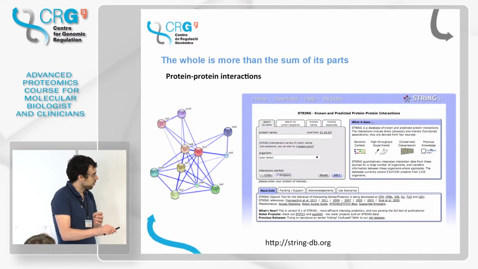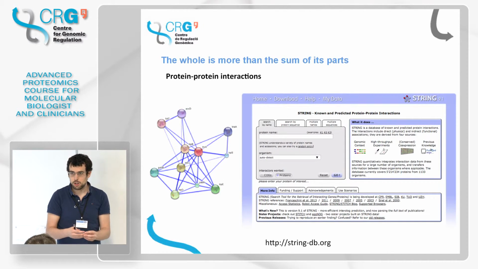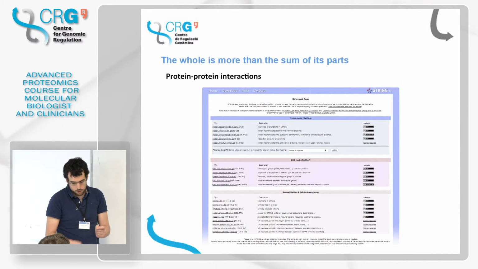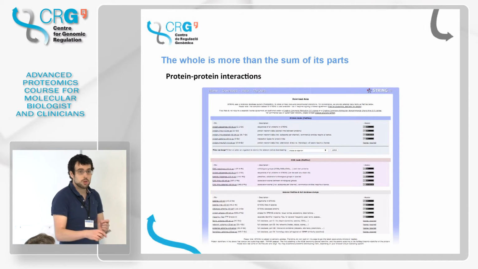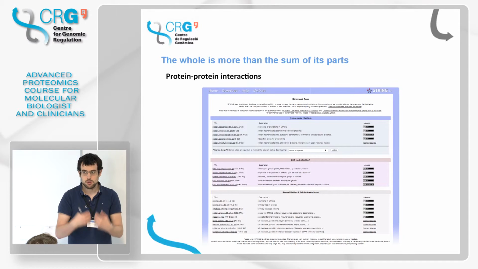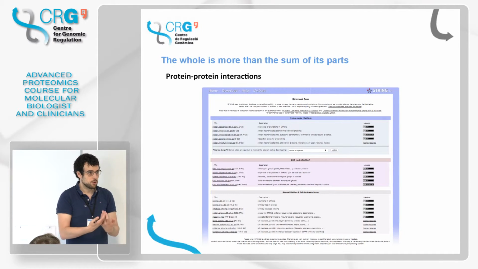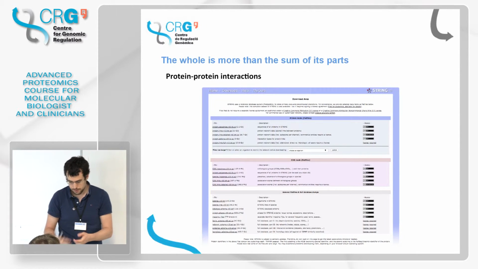And this can give me hints on what processes are going on with my treatment. This database also allows you to download all the protein-protein interaction data, so that you can mine it or write your own scripts to generate these plots if you don't want to do it through the web server.